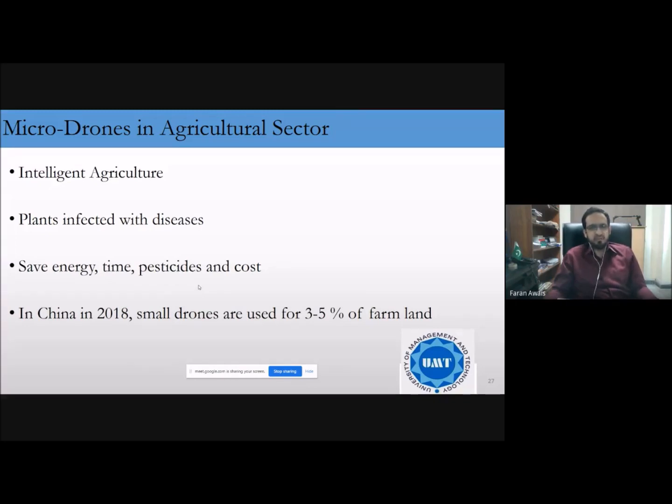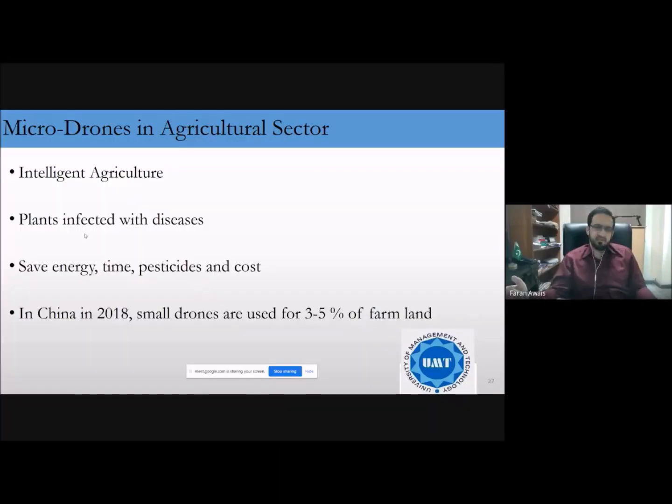For example, a huge area, like 20 hectares, that can be covered by a farmer can take like 15 days. But with drones, it will not only save energy, time, pesticides, and cost, so there's a huge advantage of using micro drones in the agriculture sector.